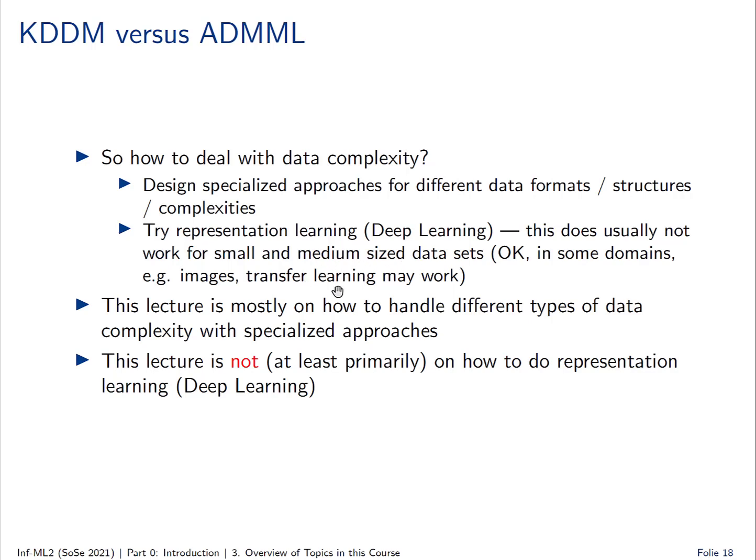Of course, for other domains, for images for example, transfer learning typically works pretty fine. But in our case, very often you can't do that. So the lecture is mostly about how to handle different data types with specialized approaches, and not primarily about representation learning.